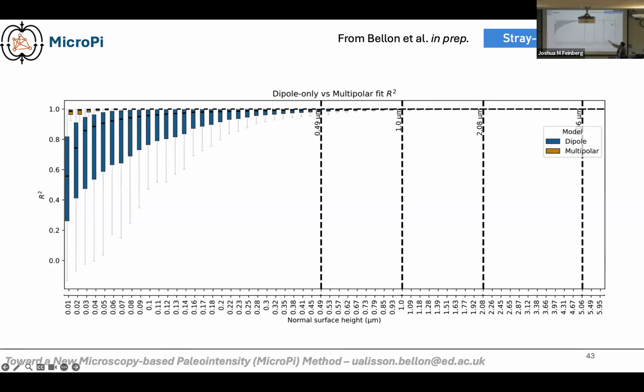For just the dipole sources up to about 0.5 microns, it can't really explain all of the anomaly you're seeing. But then in orange, when you fit the whole multipolar component, so dipolar, quadrupolar, octopolar, it explains much better at closer distances. But when you're nearly a micron away, they are nearly indistinguishable, meaning that a dipolar component by itself can explain the anomaly really well.